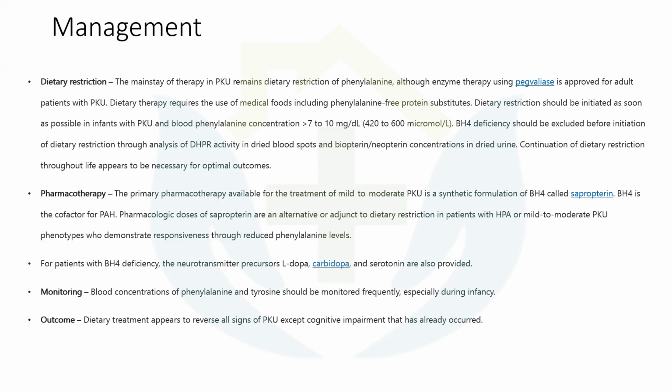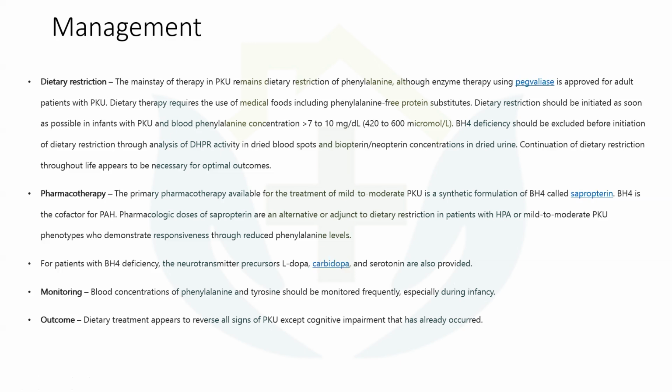These are to improve the neurological symptoms. As I said, phenylalanine and its metabolites cause a lot of neurological symptoms, so with these precursors the neurological symptoms will be less.